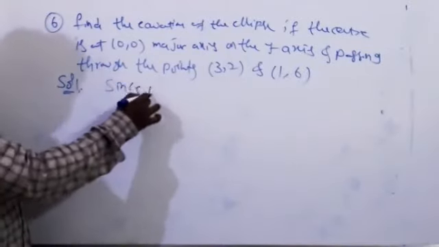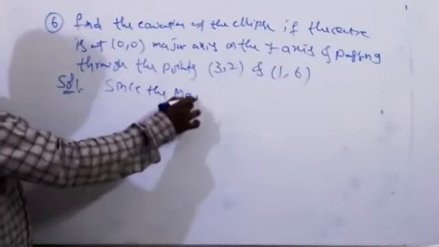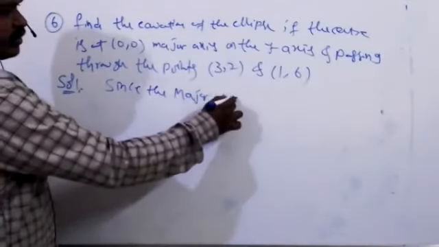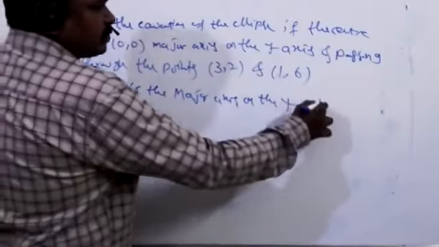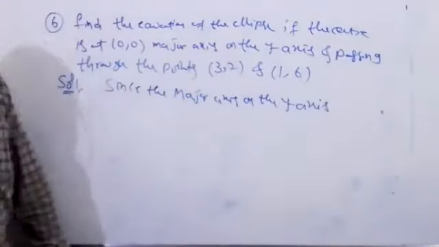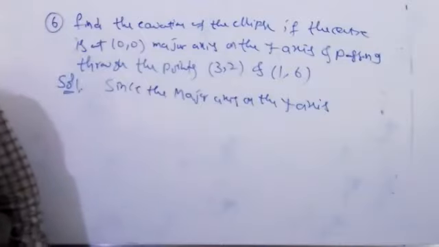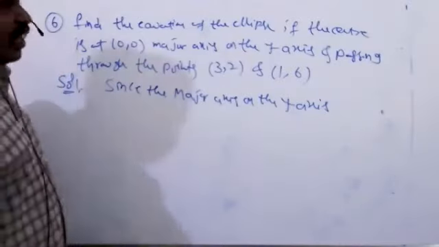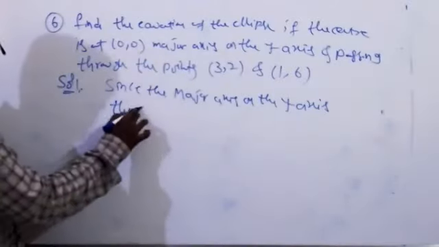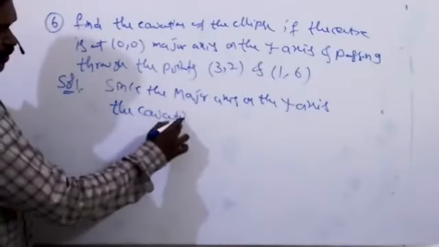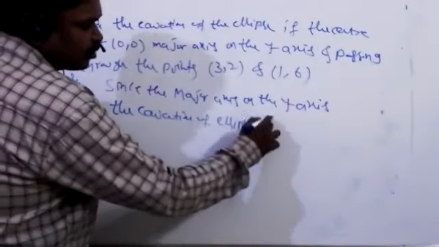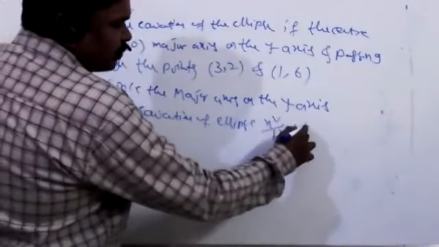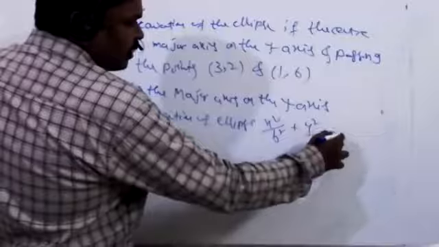Since the major axis is on the y-axis, the equation of the ellipse is x square by b square plus y square by a square is equal to 1.